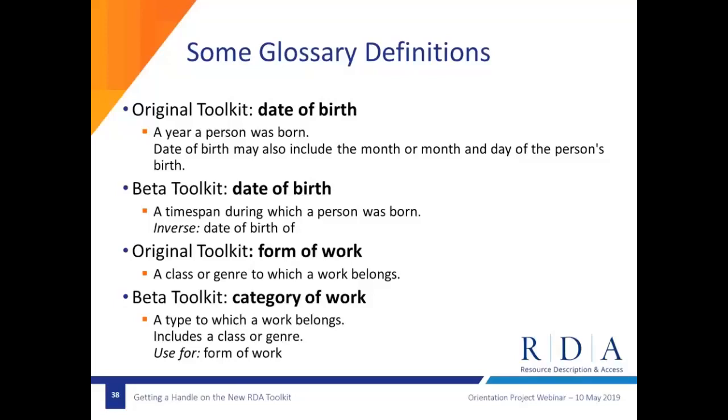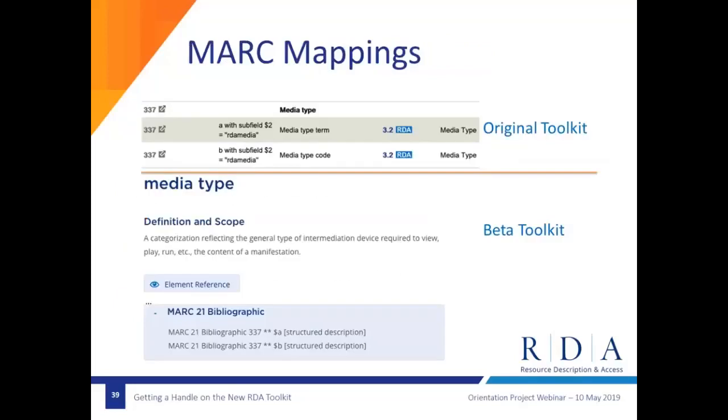The MARC mappings are somewhat different, and we do know they are not complete at this time. In the original toolkit, you had a separate page, a couple of different tables. So for the MARC mapping for the 337 field, you would get for media type the display you see in the top half of the slide. Now, in the beta toolkit, you can search 337 in the search box and get back to media type here.